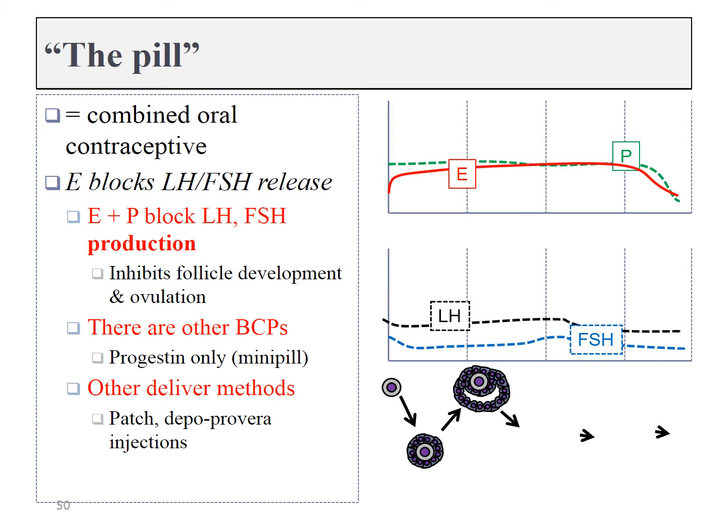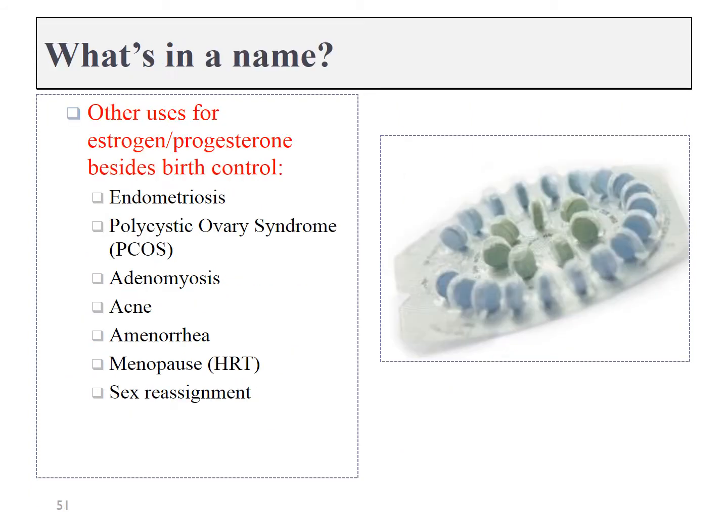And this doesn't get rid of the endometriosis, but it gets rid of the death phase that triggers all of the pain and discomfort. Birth control pills can therefore be used to do more than control births. They can help treat endometriosis and a number of other conditions.